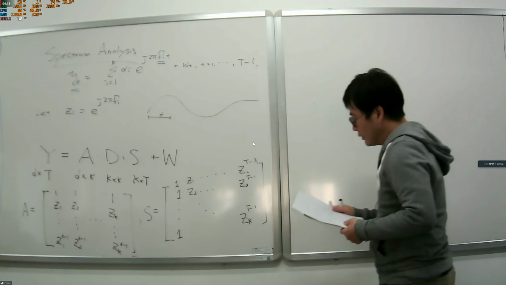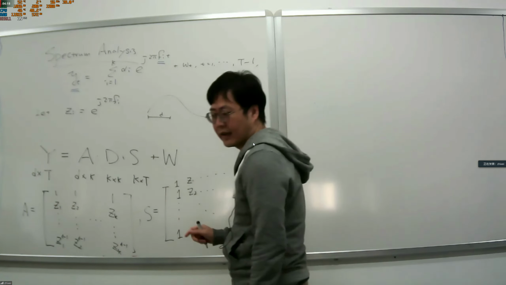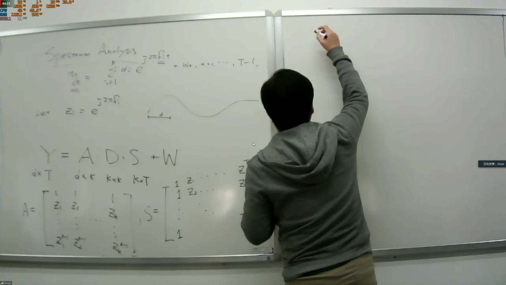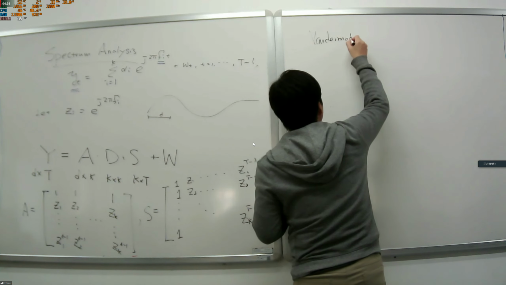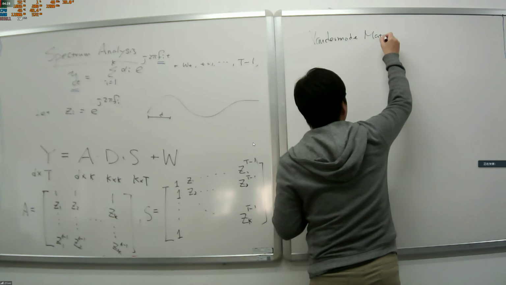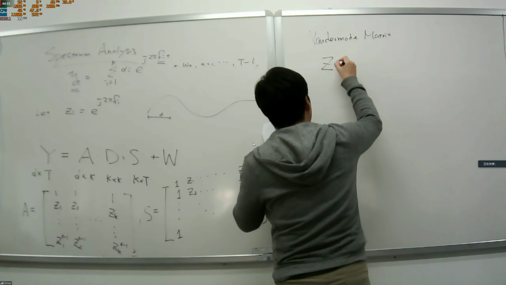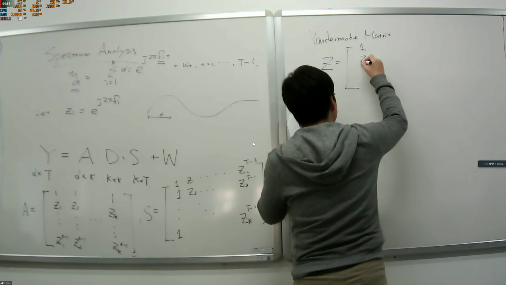Okay, so first of all, we'll see that these matrices A and S are special matrices. They are called Vandermonde matrices, so they have some very strong properties.